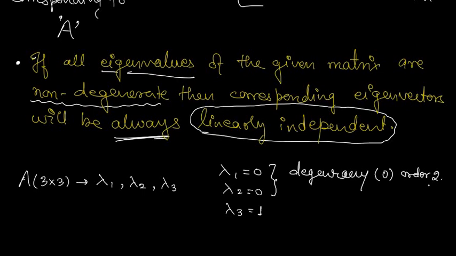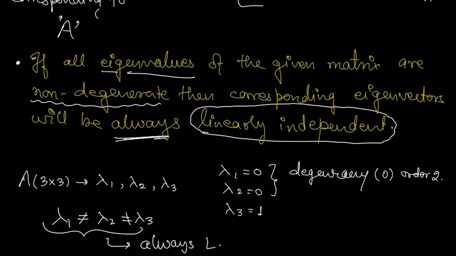If there is non-degeneracy, meaning lambda 1 is not equal to lambda 2 is not equal to lambda 3, then this always implies linear independence of eigenvectors.